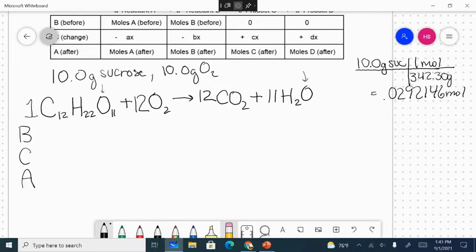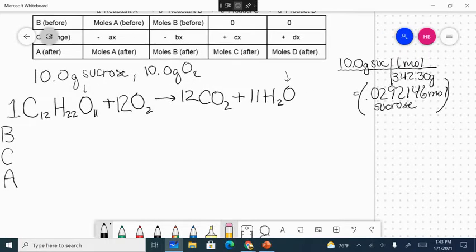If I was going to use all this sucrose, I'd need 12 times as much. In order to have exactly the right amount of oxygen, we'd need 0.3505752 moles. That's how much I would need if I wanted the exact stoichiometric ratio.